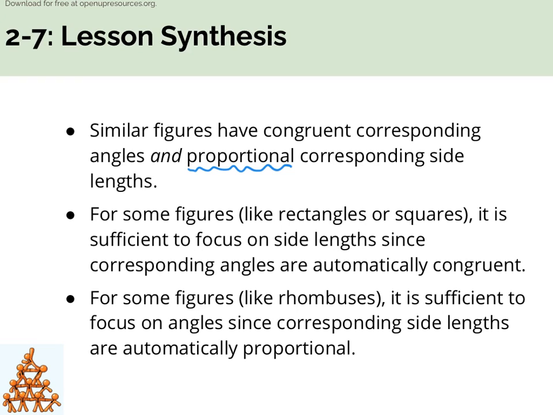And for some figures like rhombuses, it's okay to just look at those angles, because with a rhombus, the angles are going to be the same, and the corresponding side lengths are automatically proportional because all of them are the same, right? We just showed that. So this is our goal for today as far as understanding similar figures. The angles have to be the same, and the side lengths have to be proportional, or they have to make a fraction.